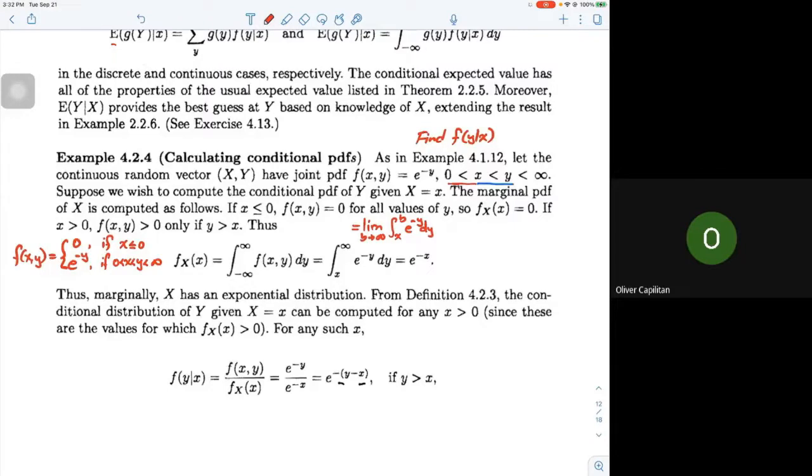And then if we evaluate this integral, the integral of e to the negative y dy evaluated from x to b, we have the negative of e to the negative y, from x to b. So we have negative e to the negative b minus minus, so we have plus e to the negative x. Sorry, b.